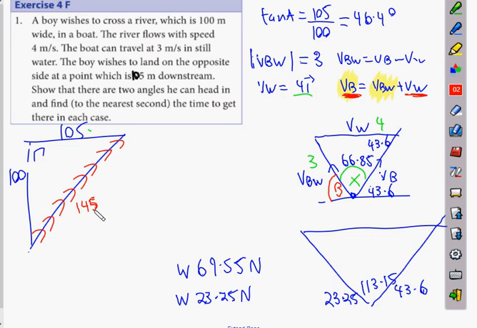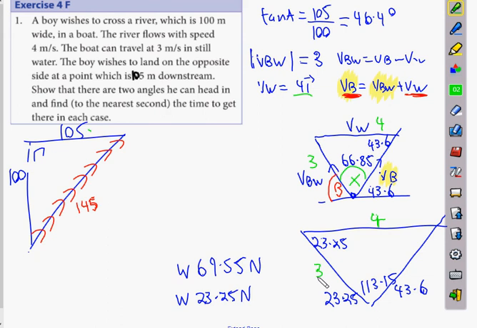So what I'm going to do in both triangles is I'm now going to calculate the value of phi b in both triangles. And then I'm going to divide phi b into this distance, and I therefore can get the 2 times. Okay, so what we know about the first triangle, that's 23.25. That's 4.